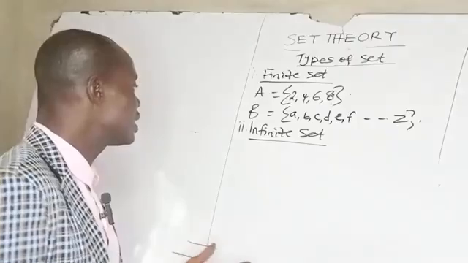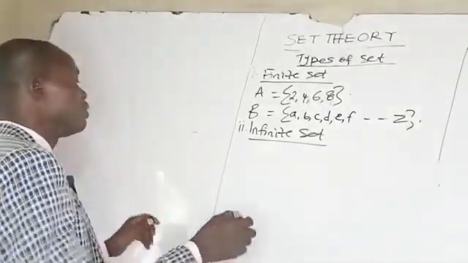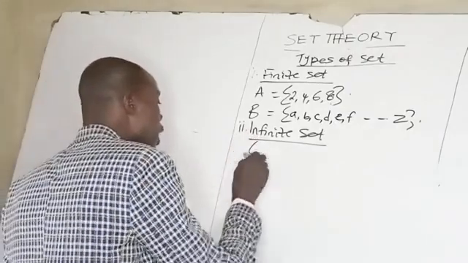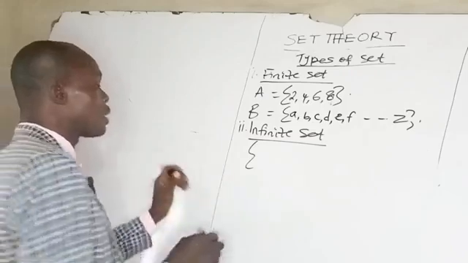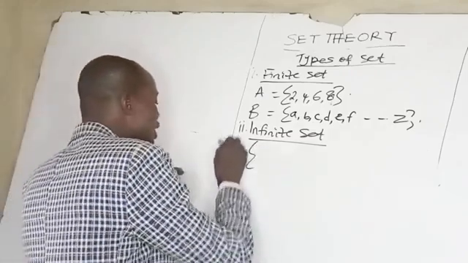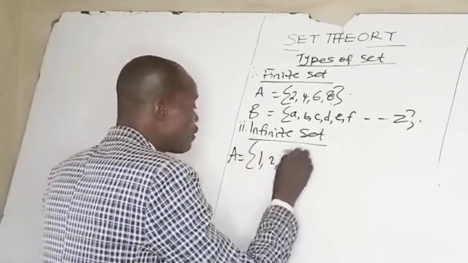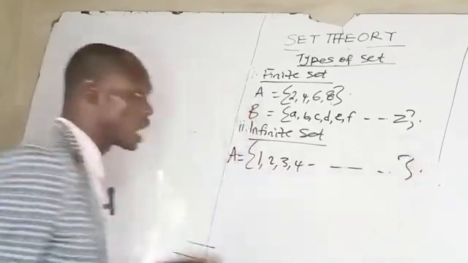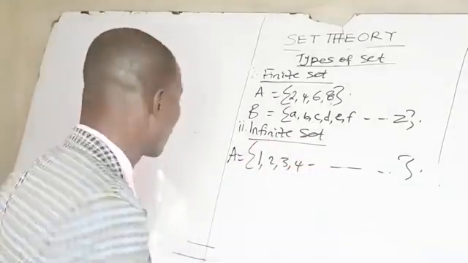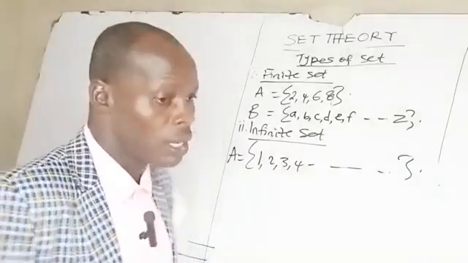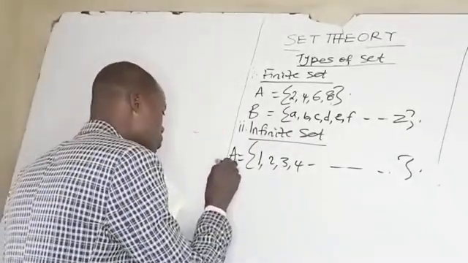For example, if set A is a set of natural numbers, 1, 2, 3, 4 to infinity, you cannot count that. So such a set is said to be infinite.